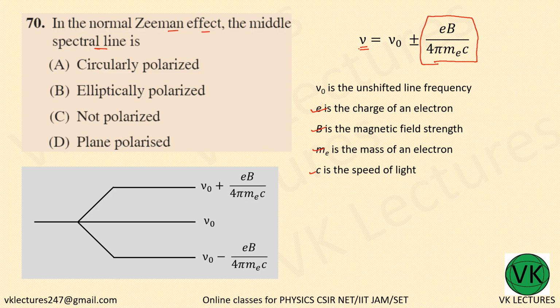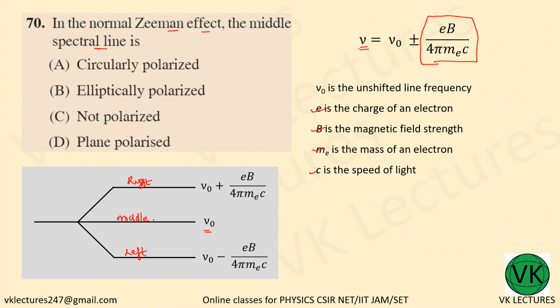Here the shift in the spectral line is given by nu naught, the middle spectral line. Now this is left and this is right.